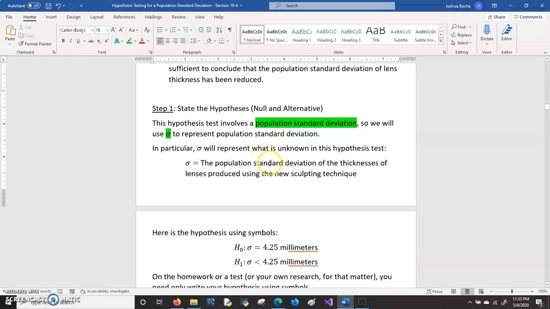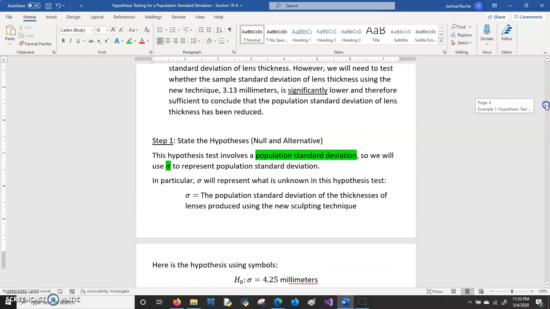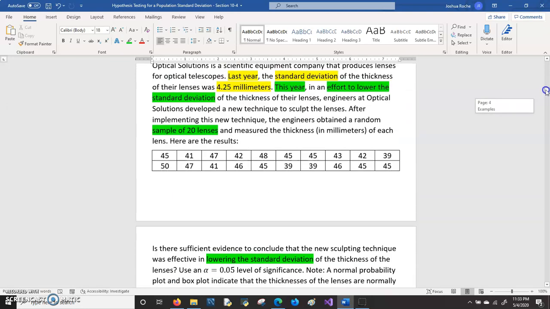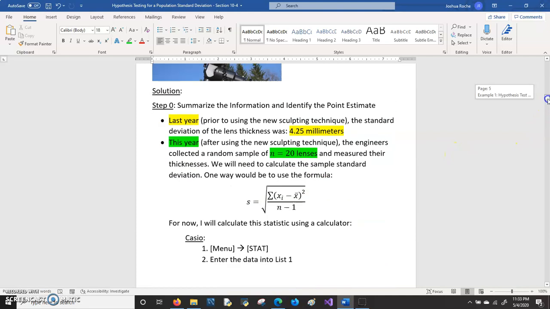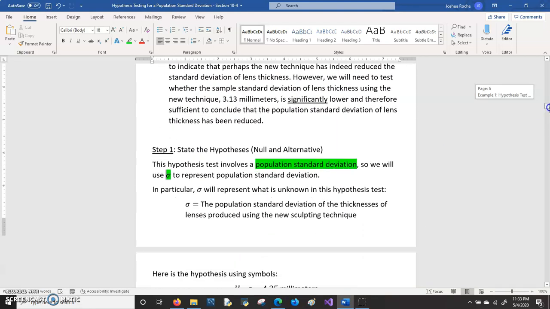And the unknown is the actual population standard deviation of the thickness of lenses produced using this new sculpting technique. So it's known that last year with the old technique, the population standard deviation was 4.25, but what's not known is what's the standard deviation for this year, and that will be what sigma represents.